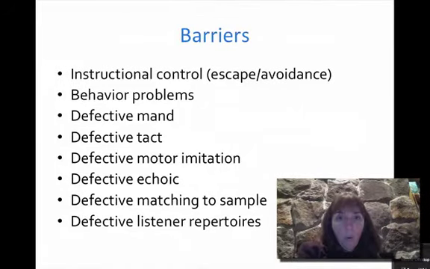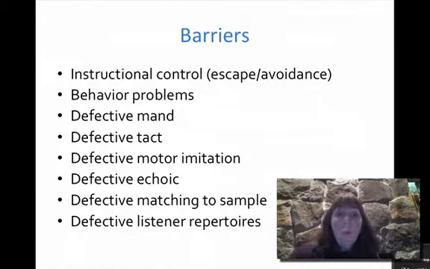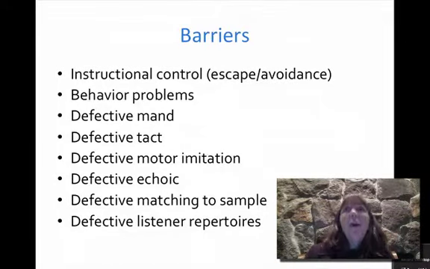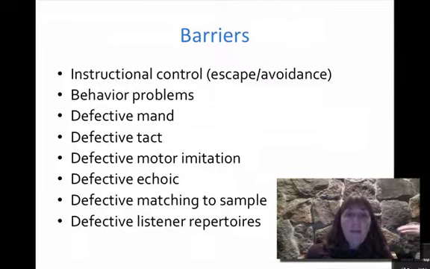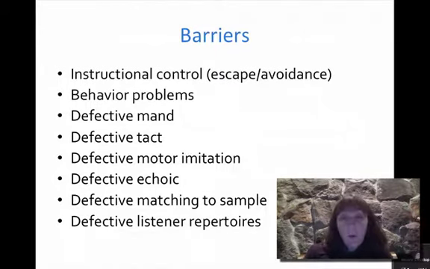We all know that those are things that prevent individuals with autism from being able to do what they're capable of doing. We all know that when a child has a defective mand repertoire and they're not actually asking for what they want or desiring what they've asked for or asking for more than a small range of things, that these are tremendously important behaviorally, and that we're often making assumptions about this person's language skills that are ultimately completely inaccurate. He also talks about defective tact repertoires, defective motor imitation repertoires.